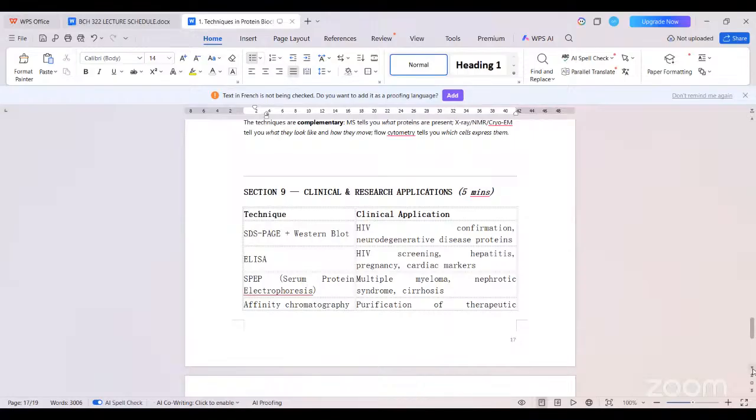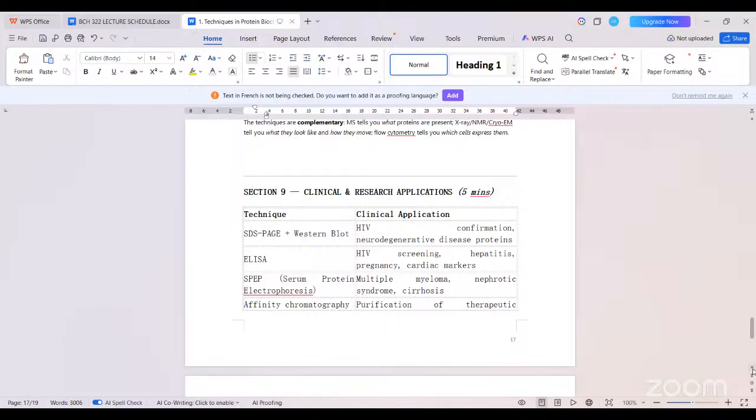Take, for example, the SDS-PAGE Western blot is the technique that is used for confirmation tests for HIV patients or patients with neurodegenerative disease proteins. The ELISA also is used for HIV screening, hepatitis, pregnancy, or cardiac markers.